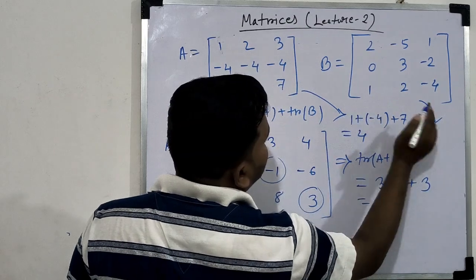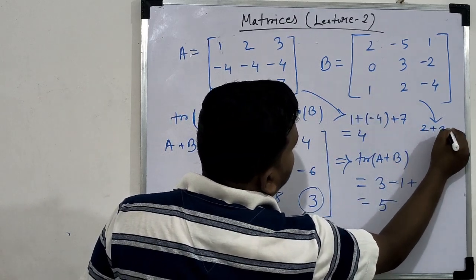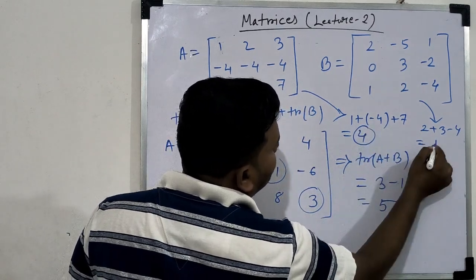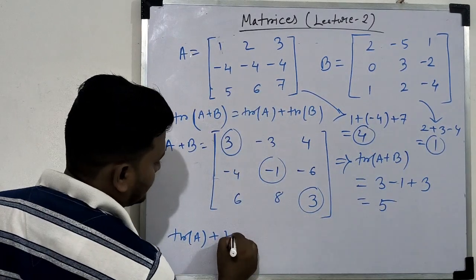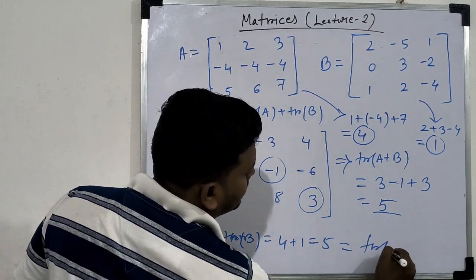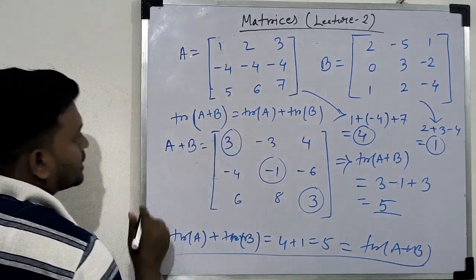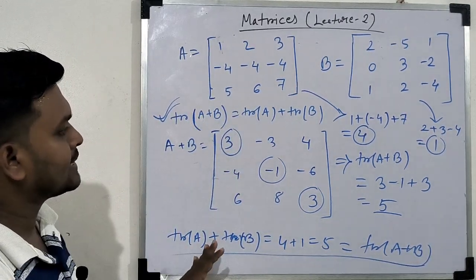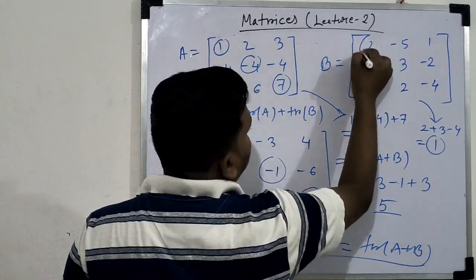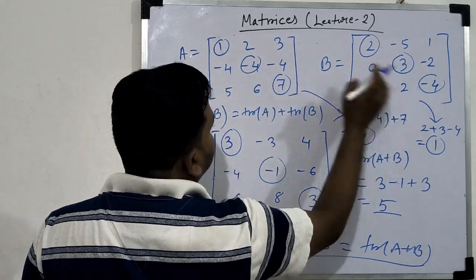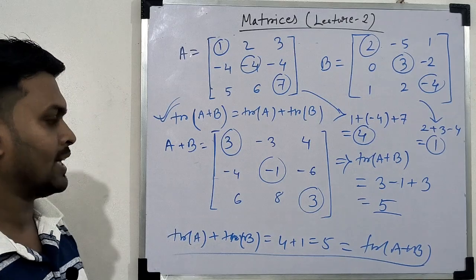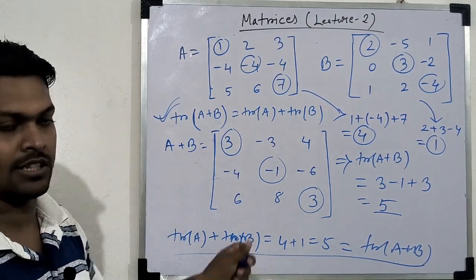And the trace of this matrix B is 2 plus 3 minus 4, that is 5 minus 4, that is 1. So trace A is 4, trace B is 1, trace A plus trace B equals 4 plus 1 equals 5, and this is trace of A plus B. So this property holds. This happens because of the definition of trace. So we have to add this, add this, add this. So this will come in trace A, and this will come in trace B. So that's why this happens. So this is a simple example.